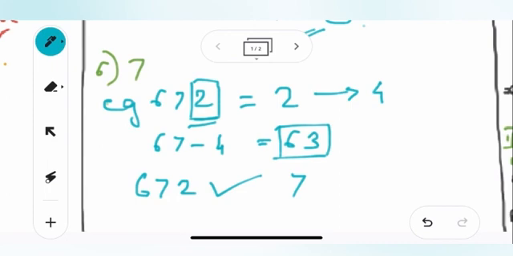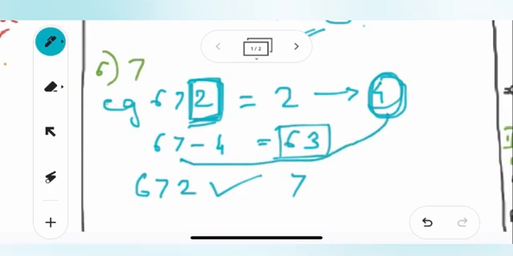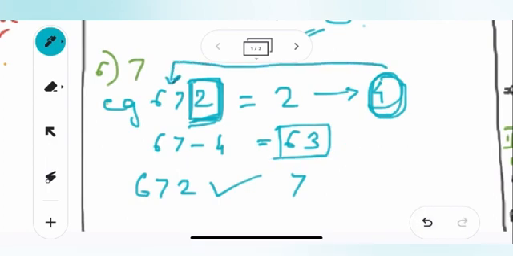Again I'll repeat here: the last digit, that is the digit in one's place, you have to first double it, make it 2 times, and subtract this number from the remaining numbers. This way you will find the divisibility test for 7.